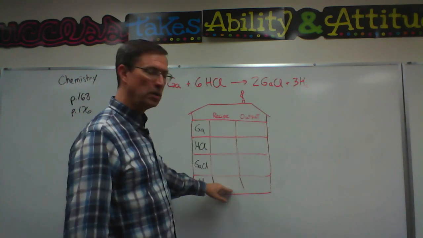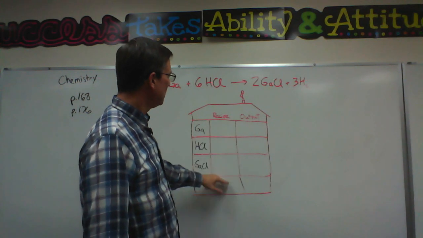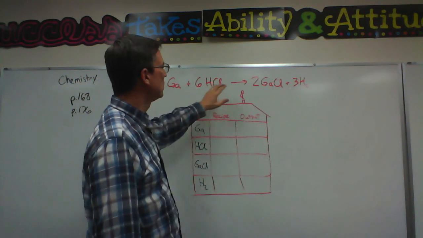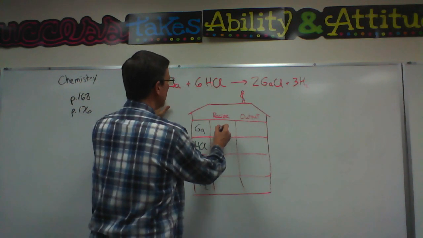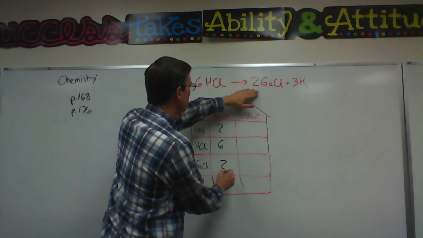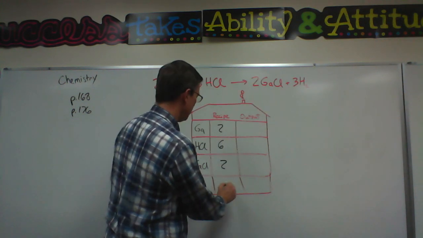Now the recipe, you remember, the recipe of how this all works is these numbers out front, these coefficients. So I put the 2 here, the 6 here. We have 2 gallium chloride produced and 3.